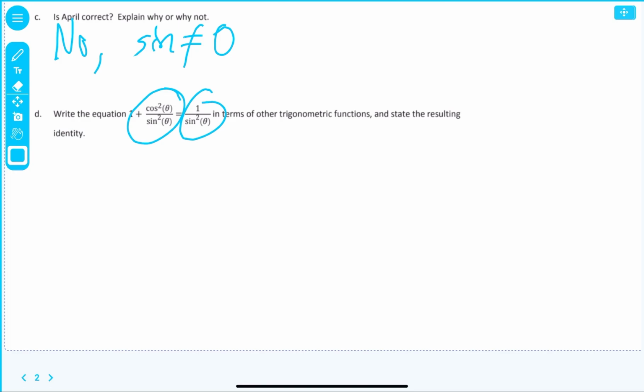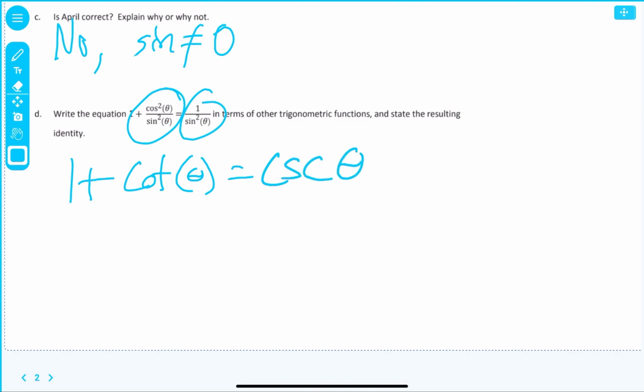Right? Remember, you got to do the opposites, or the way I remember it: sine, the inverse of that is cosecant. Cosine, the inverse of that is secant. You change the S's and the C's when you're doing inverses. So we would write this as 1 plus cotangent squared theta is equal to cosecant squared theta. That's the exact same thing.